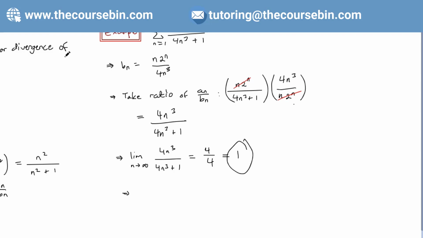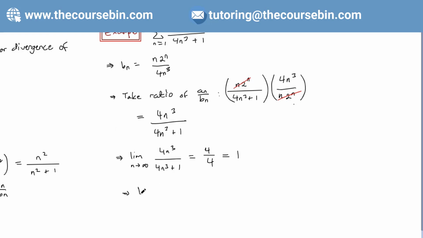You don't know which one. So you need to check to see if the b_n you chose converges or diverges. So we're going to check using one of the series tests.